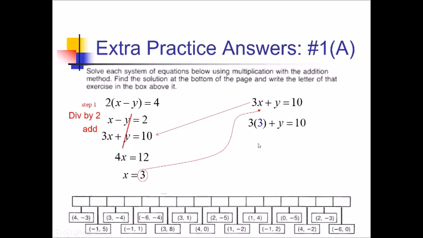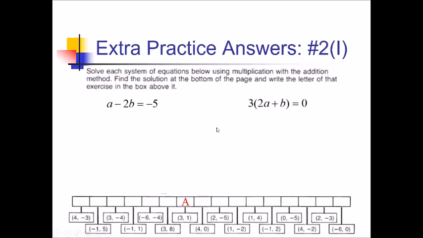That's 9 plus y, and if I subtract the 9, I get my y value of 1. So I've got the point (3, 1). Looking at my answer choices down here, (3, 1) is right here, and the letter that corresponded with this problem number was A. So I'm going to put an A right there.